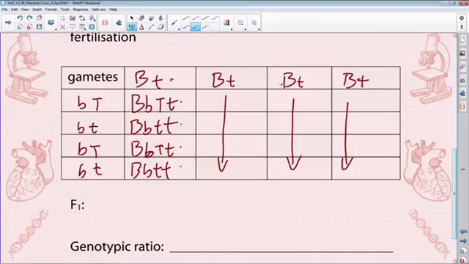So let's see, we have the F1 genotype. We've got a big B and a small b and a big T and a small t. How many of those do we have? We have 1 there and we have 1 there. So we have 2, and over here 1, 2, 2.